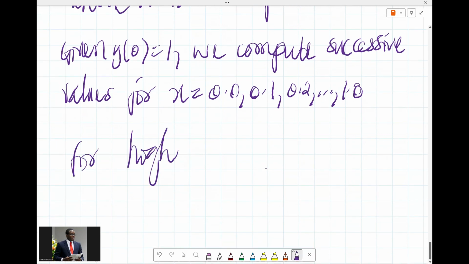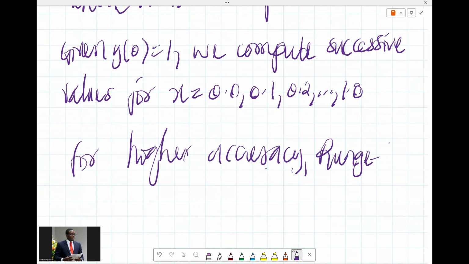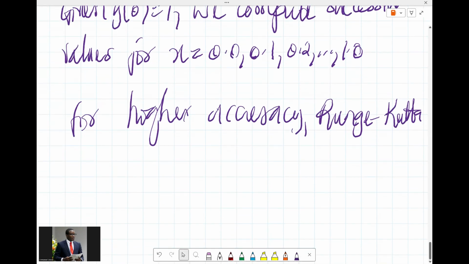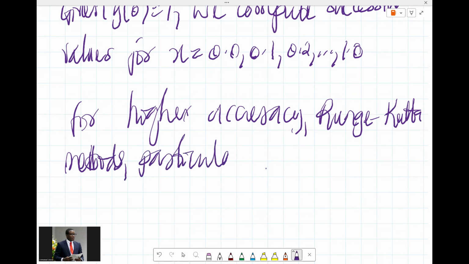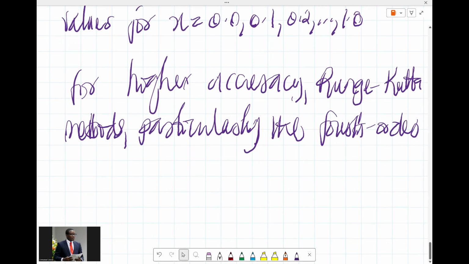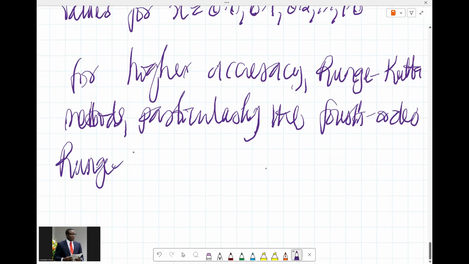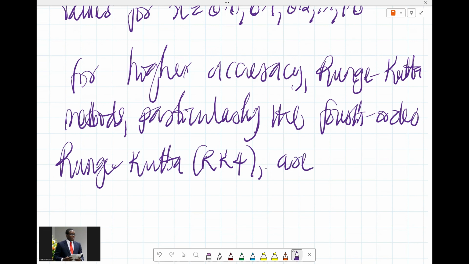For higher accuracy, Runge-Kutta methods, particularly the fourth-order Runge-Kutta, RK4 for short, are often used. Okay, so that's how that goes. This is just an introduction to all that.